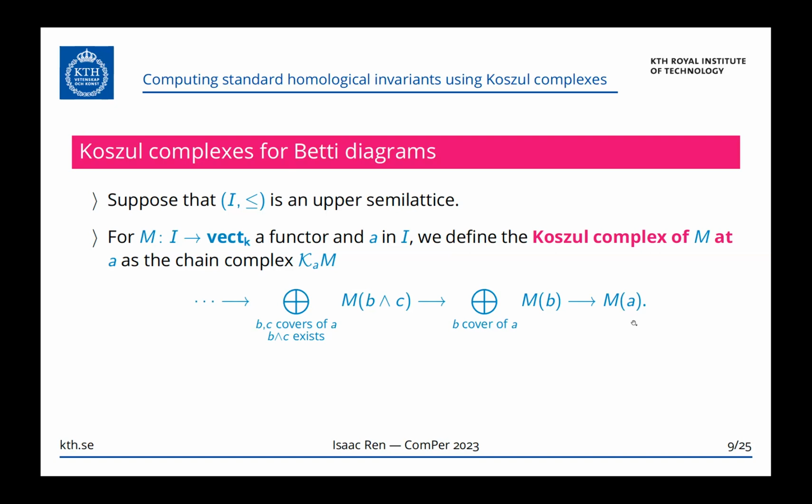We start out on the right with M of A. Then we have the direct sum of the M of B's, where the B's are covers of A. So these are elements that are smaller than A, but just before it, so there's nothing between B and A in the poset I. And then for any two covers of A, if the meet, the largest smaller element, exists, then we take M at B wedge C. All of these direct sums are just direct sums of vector spaces.